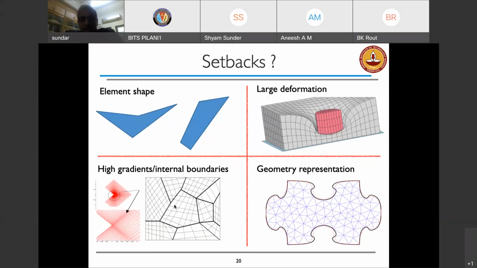For example, if I'm trying to understand what is happening in, let's say, a polycrystalline material, where for argument's sake, let's say that dark black lines represent the grain boundaries, and each of them are grains. You can see that the mesh, first of all, has to conform to these grain boundaries. And now, because of different physics, there could be something happening at the grain boundary. Cracks can start evolving. It's not that easy to work with finite elements there, right?